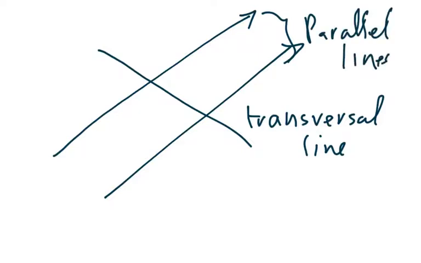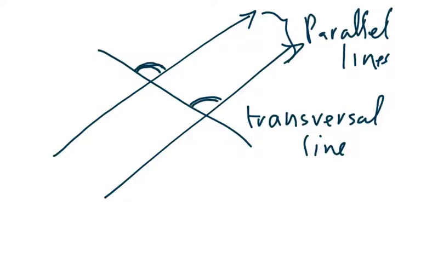Now, when two or more parallel lines are cut by a transversal line, there are always angles that are made between the parallel line and the transversal line. So this angle here, you would see that is equal to this angle there.